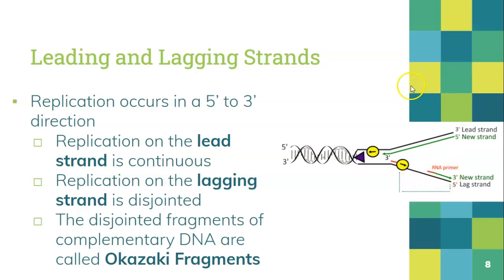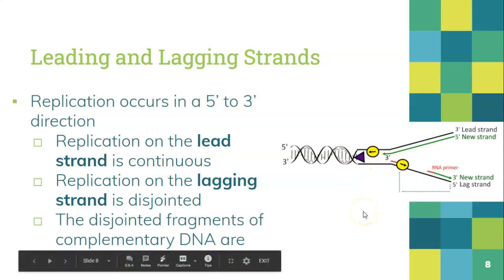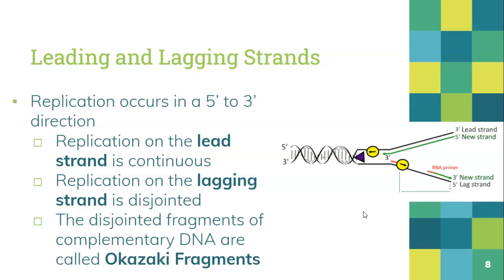Then it'll let go, make a new area to join on, and make another tiny fragment, and it'll keep going and going. That's called the lagging strand because it's all just disjointed little fragments, and those fragments are called Okazaki fragments, again named after the scientist that discovered them. So more scientists for you to know. But the big thing is leading is continuous and lagging is disjointed.